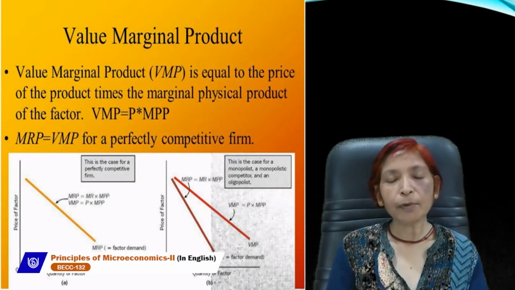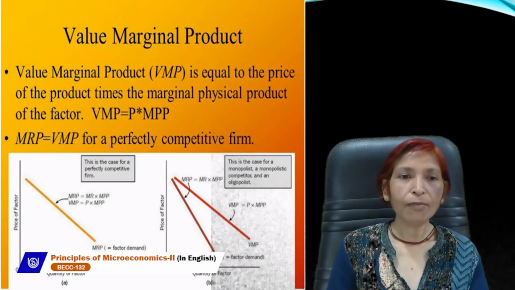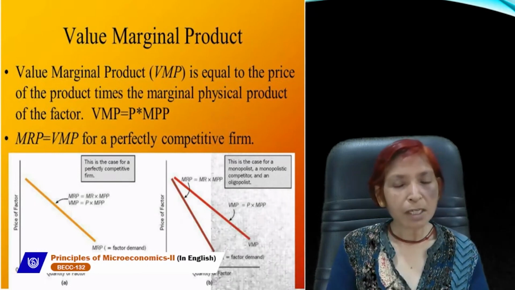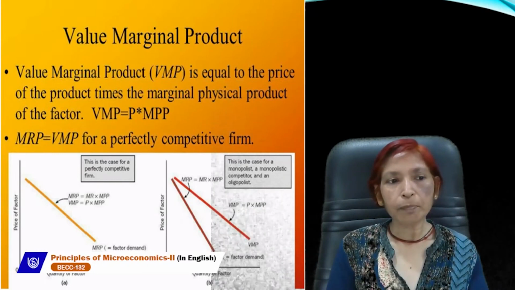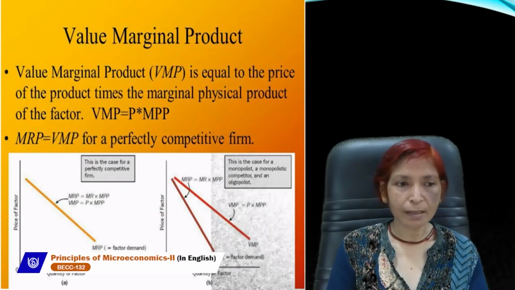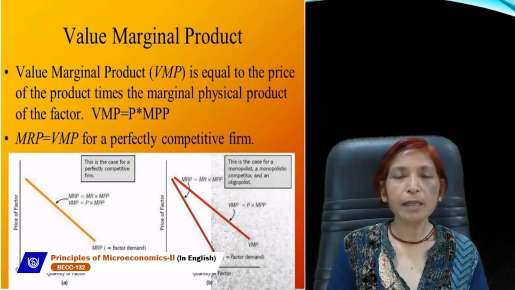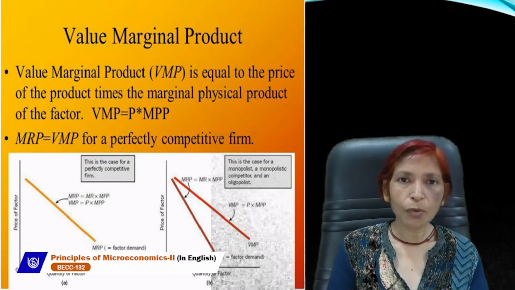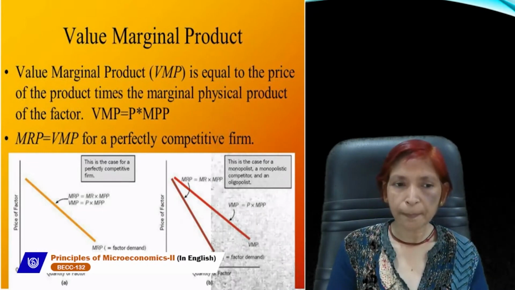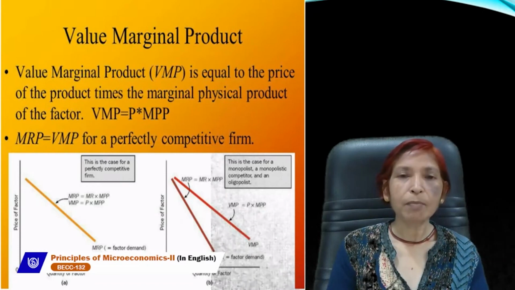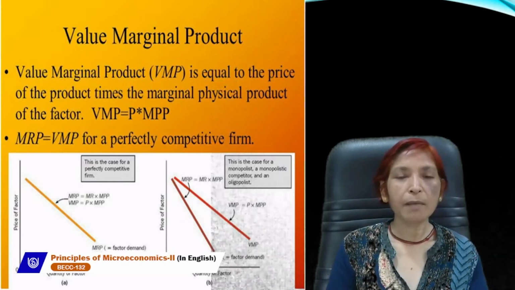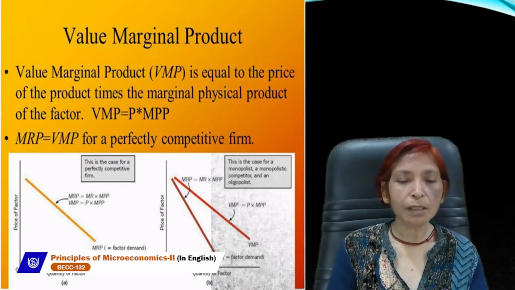The third concept of productivity is value of marginal product, or VMP. Value of marginal product is equal to the price of the product times the marginal physical product of the factor. It means if we multiply marginal physical product by average revenue, which always equals price, so if MPP is multiplied by P, or price, then we get VMP, value of marginal product.